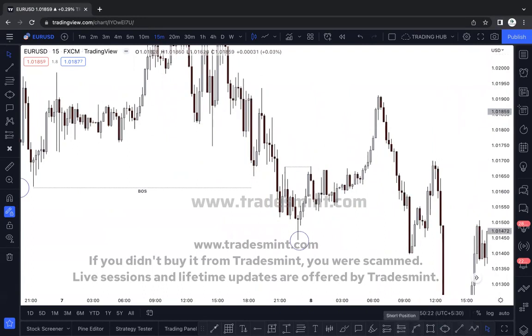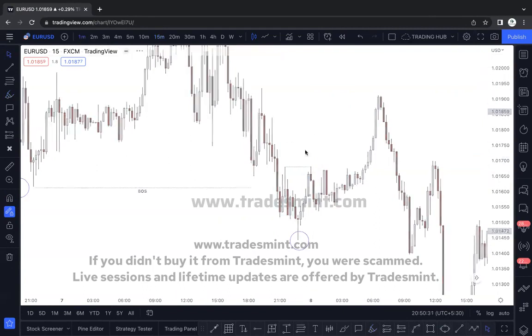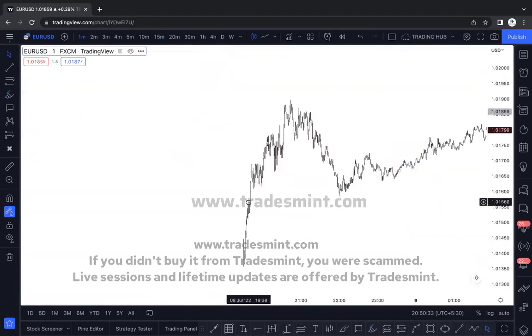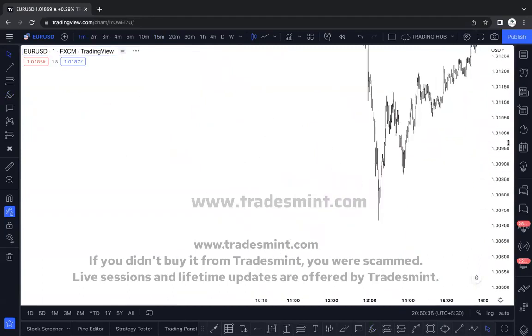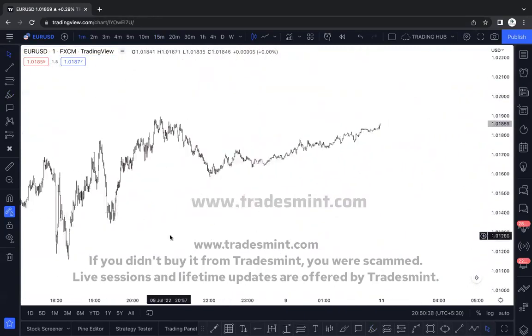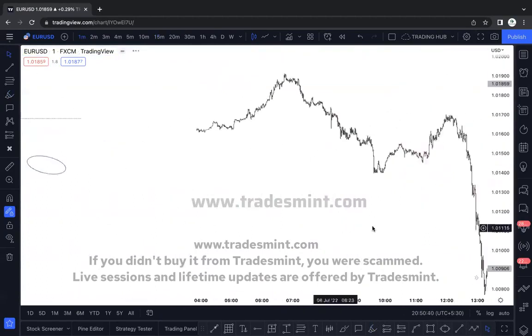If market gives any opportunity here, we can sell because it fits our criteria. Okay, now let's switch to the 1 minute to see how price actually reacts here. If everything looks as per our criteria, then we can sell, otherwise leave it.